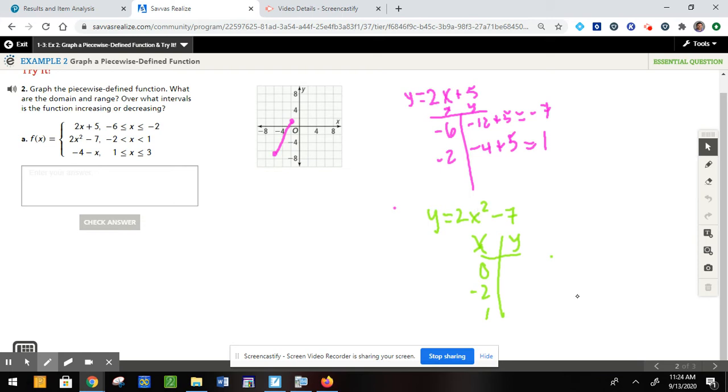For 0, well, 0 squared is 0 times 2 is 0, so minus 7. So the ordered pair 0, -7 is down here. All right, -2. That -2 gets substituted in. -2 squared is 4. And then 2 times 4 is going to be 8, minus 7, which equals 1. So it's -2, 1.